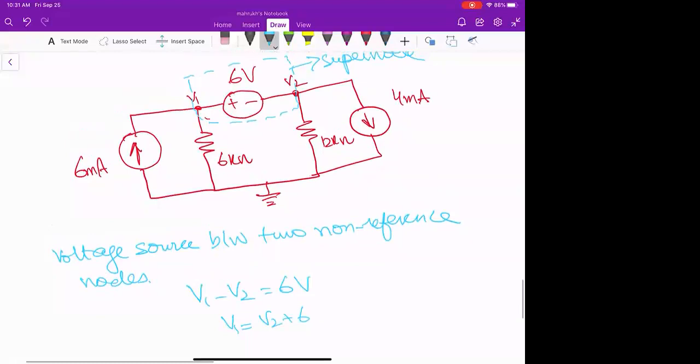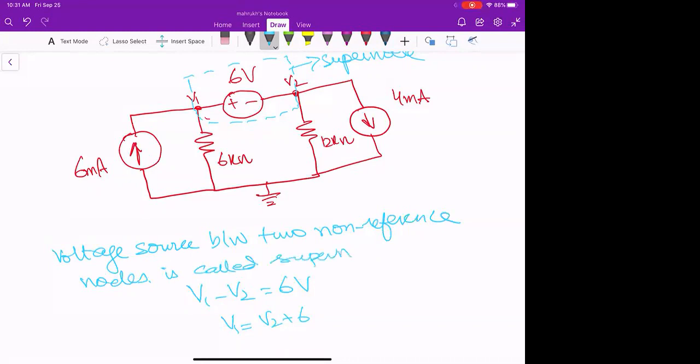And now if our unknowns were voltages, what should I do? Should I write both nodal equations or one nodal equation? Would you just write one nodal equation then?